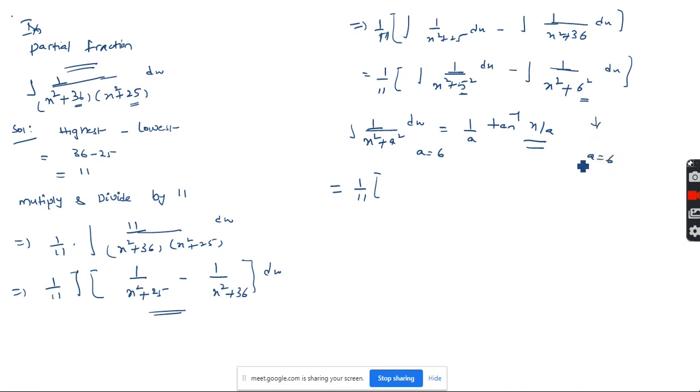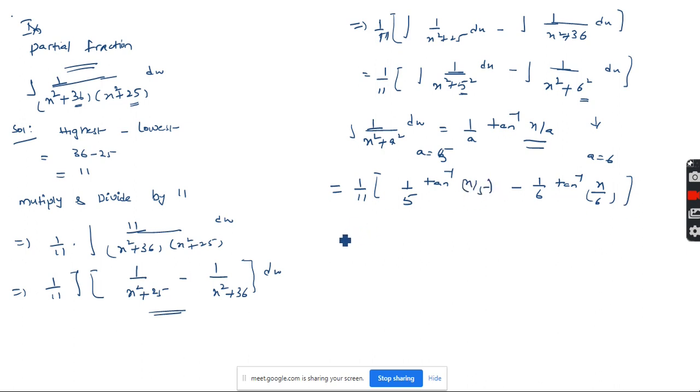Therefore we get 1/5 tan inverse of x/5 minus 1/6 tan inverse of x/6.